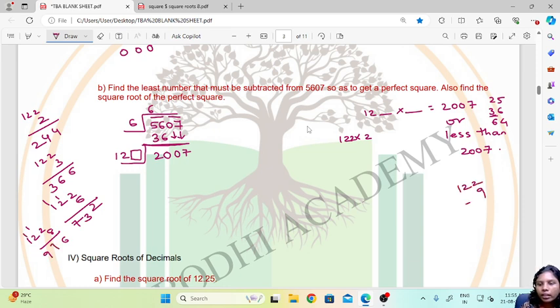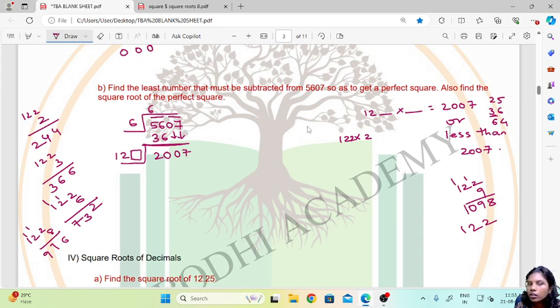128 into 9, 9 2s are 18, 19, 9 1s are 9, 10. So maybe even higher we have to go in this case.